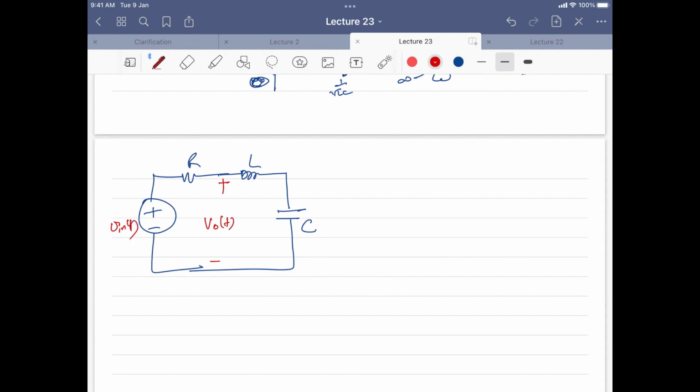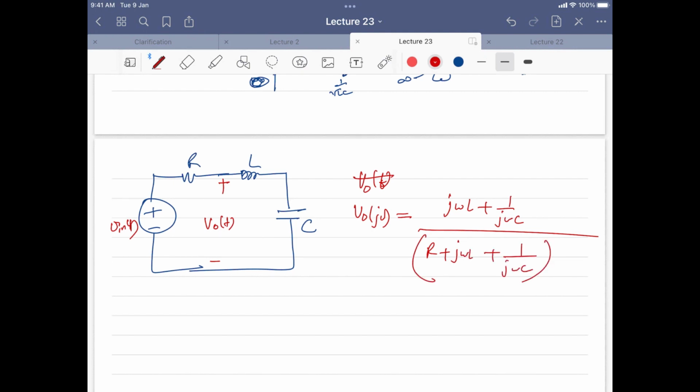So when you calculate the voltage output, V o j omega, it will be nothing but j omega L plus 1 by j omega C divided by R plus j omega L plus 1 by j omega C. Right or not? Because right now you are calculating the voltage across the series combination of L and C, so that's why you have this on top.